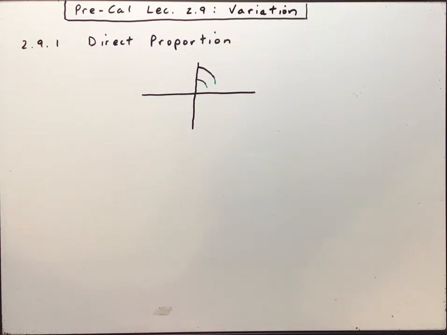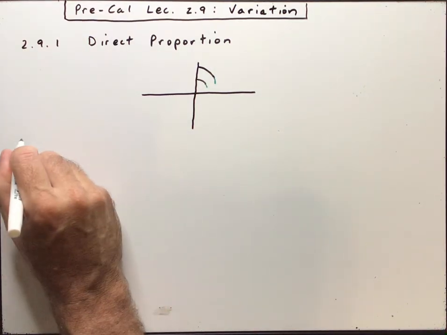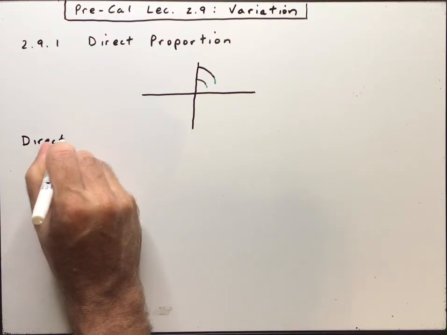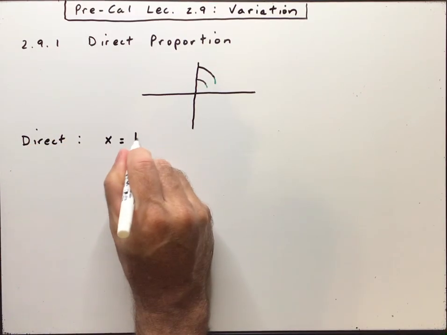So what to remember in terms of a formula for direct proportion: x equals ky.